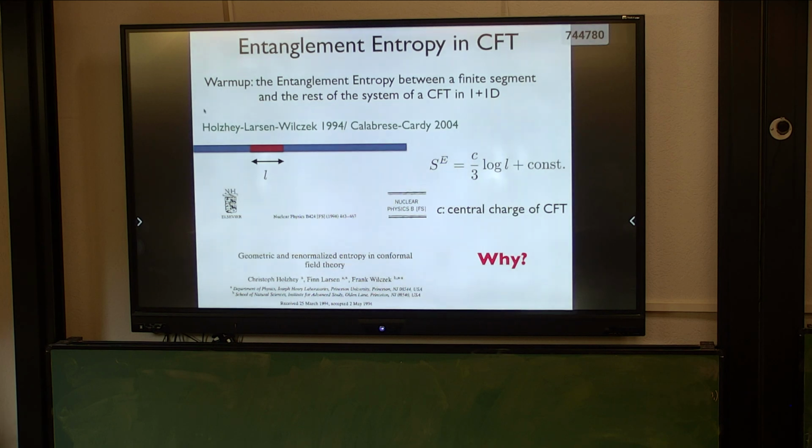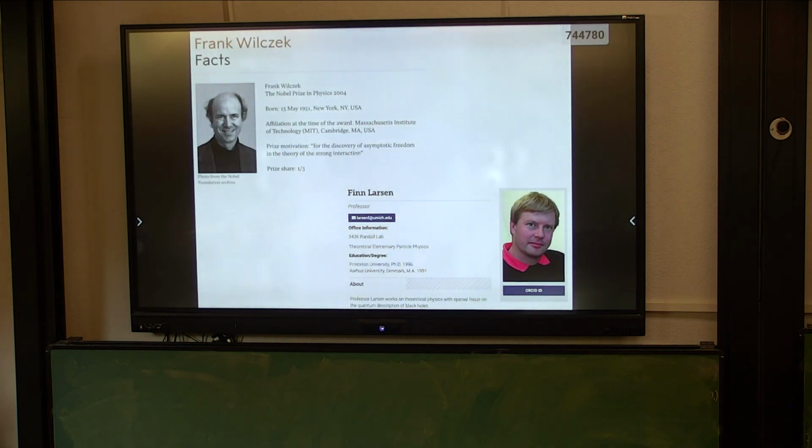But before going into that, who are these authors? And of course, everyone knows Frank Wilczek. He's a Nobel laureate, and recently, time crystals and everything, a very famous person. And honestly, I didn't quite know this Finn Larsen, but they were working mostly in high energy physics. So Larsen is now a professor at the University of Michigan or something.